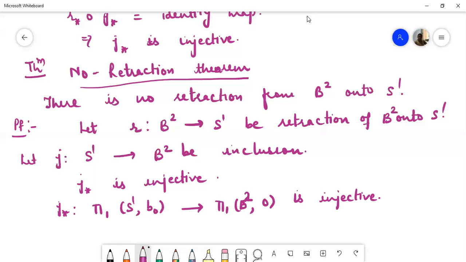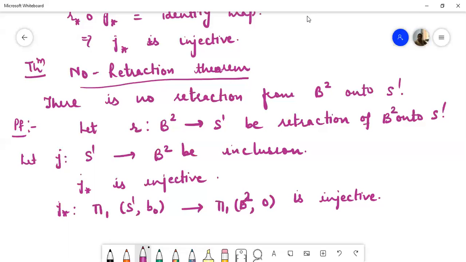Now we know the fundamental group of S1 is the additive group of integers, so this is an infinite group. And we know the fundamental group of B2 is trivial, it contains only one element, because when the space is simply connected, the fundamental group is trivial. It contains only the identity element. B2 is a simply connected space.